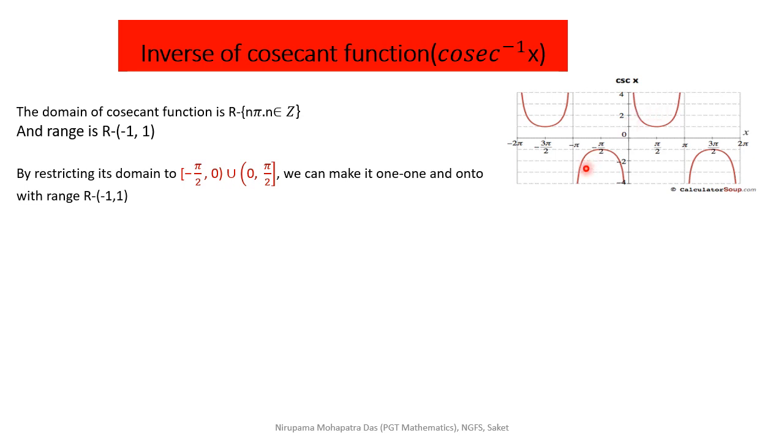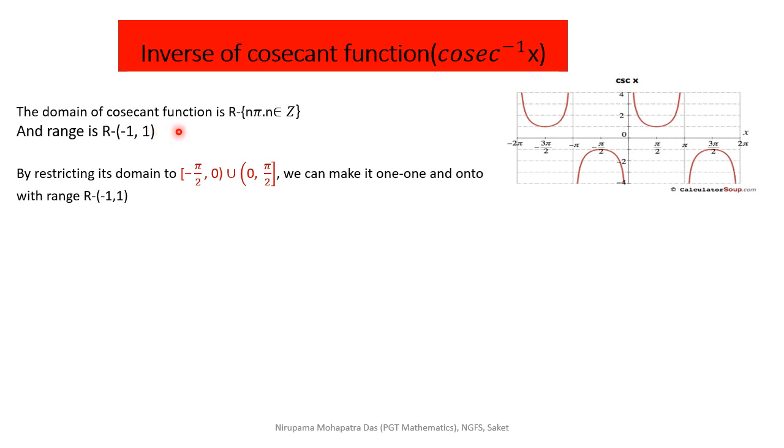Secondly, you see what else is not taken. Whenever sin x equal to 0, cosec x is not defined. So that's why the domain of cosec function is R minus n pi, where n belongs to the set of integers. Range is the set of real numbers minus the open interval minus 1, 1.